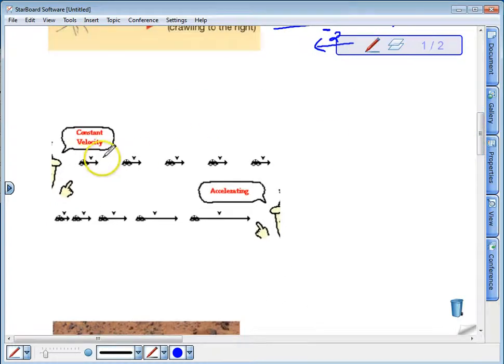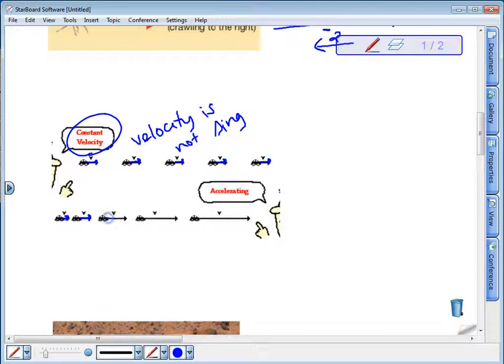When you look at vectors, if you see the vector for this little car up here at the top, it's always the same size and the same direction. So that tells us that our velocity is not changing, which means that it's a constant velocity. Down here we've got this little car, and as we move along, these vectors are getting longer and longer.